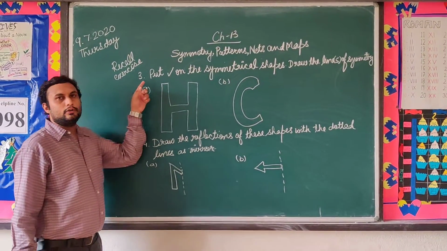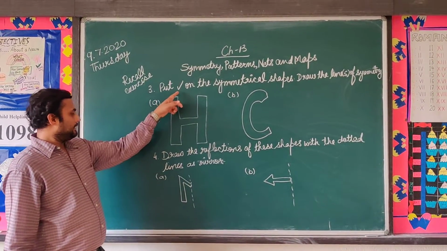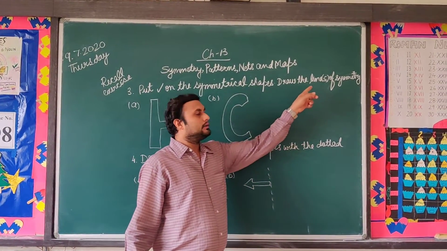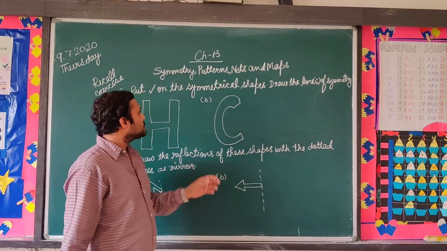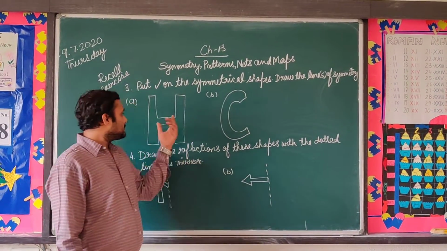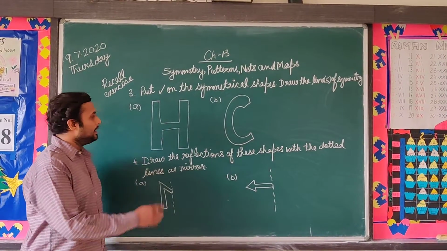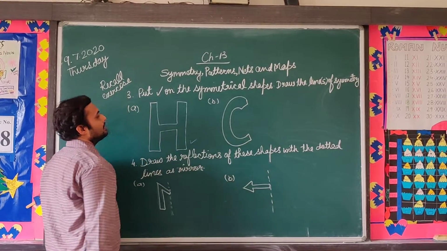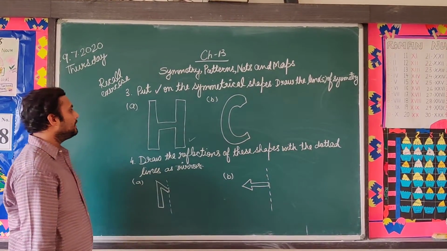Next question is in front of us. Put right on the symmetrical shapes. Draw the lines of symmetry. See, this is H. Is it symmetrical or not? Yes, it is symmetrical. How can we say it is symmetrical?